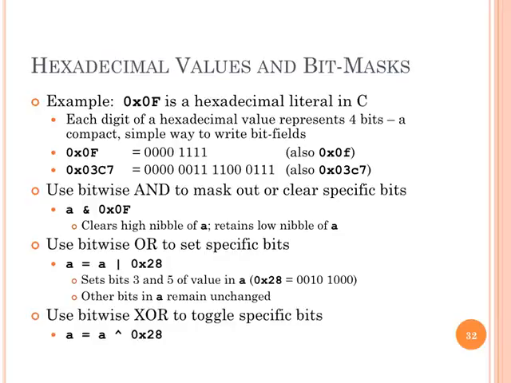So if you did this with a caret instead of a pipe, then you would end up toggling bits 3 and 5. If the existing bit of A is 1, and the bit in the XOR mask is 1, then 1 XOR 1 is 0. If it's 0, then 0 XOR 1 is 1. So it toggles that bit.